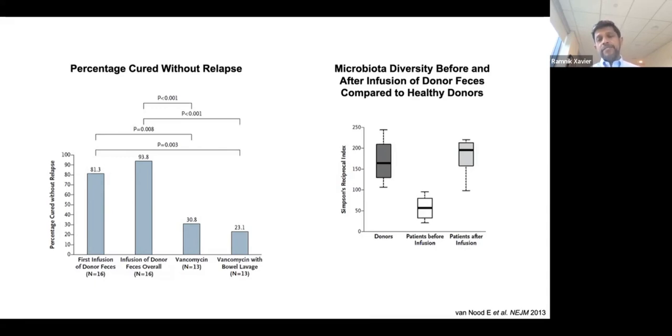But the other striking observation was that this transplant allowed you to get back to a healthy status. And last month, the Food and Drug Administration approved the first such treatment in the form of a capsule for patients with C. difficile colitis.